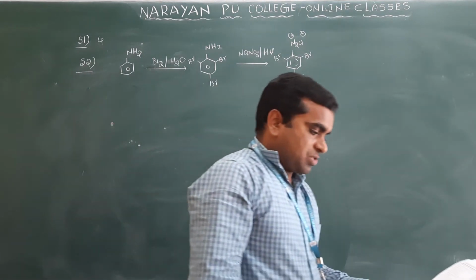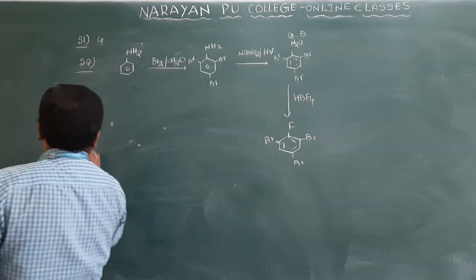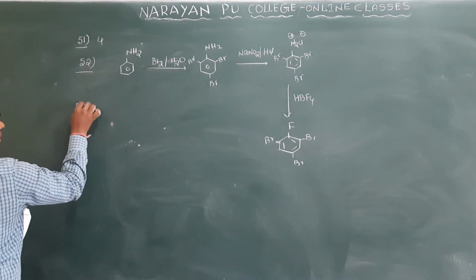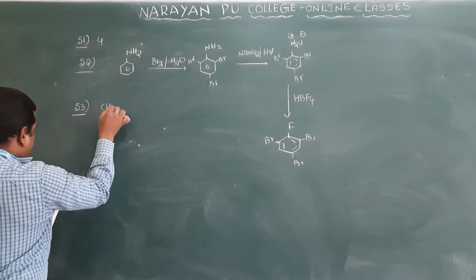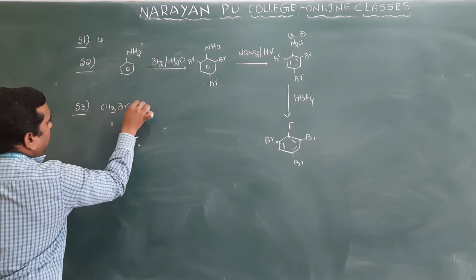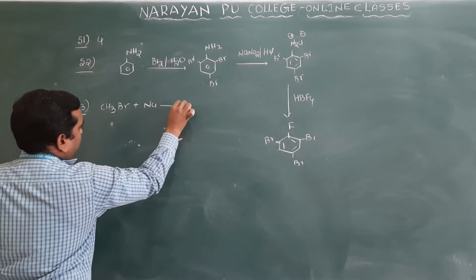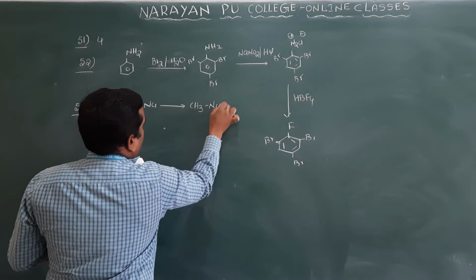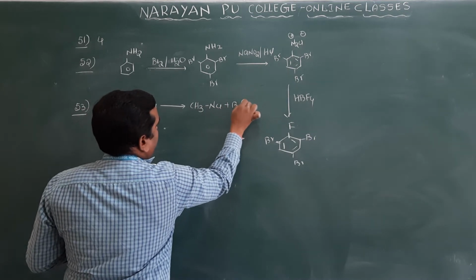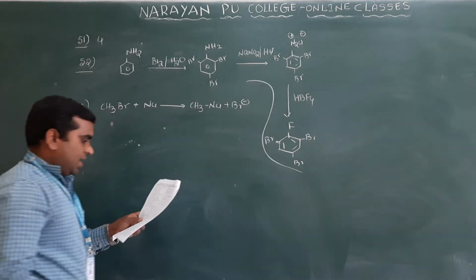Clear? Next one. Question number 53. They have given the question here: CH3Br plus Nu gives CH3Nu plus Br minus.